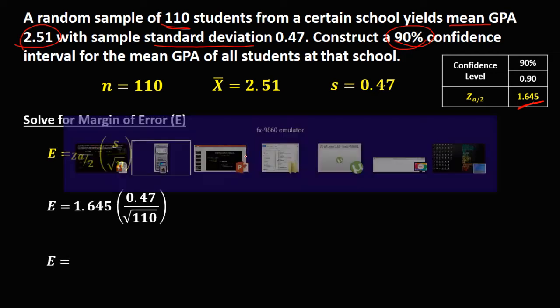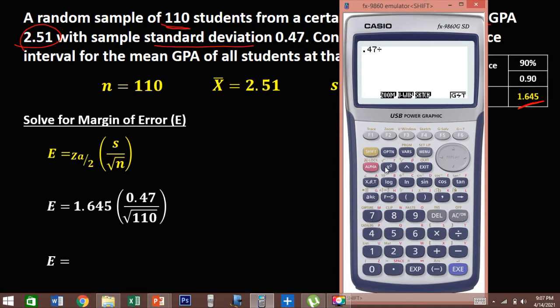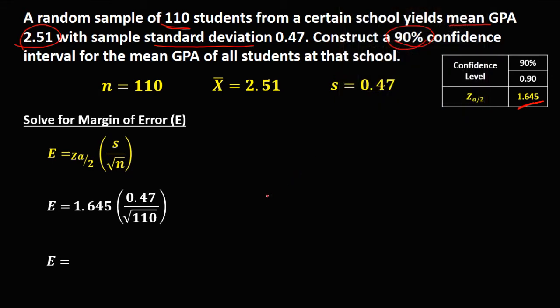So for the margin of error, we have 0.47 divided by the square root of 110, equals, then times 1.645, so that's 0.0737.